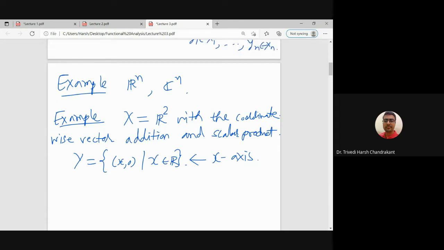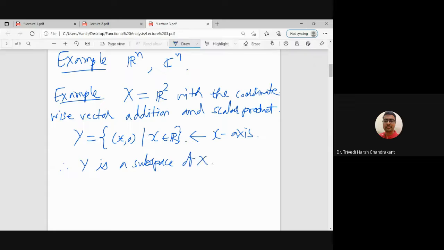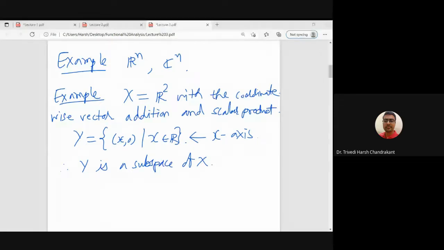So is it clear that Y is a subspace of X? The x-axis is a subspace of R2. Is it correct? Yes, sir. It will be a subspace.